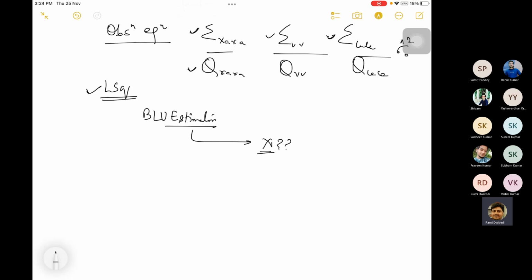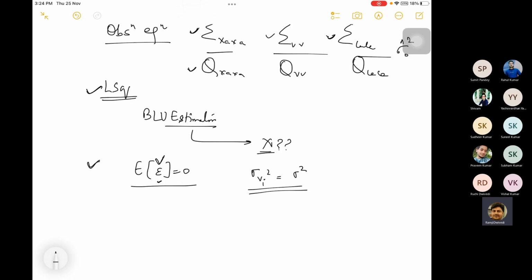Okay, so what are the assumptions? Assumptions in the least square are very simple: the expectation of the error was 0. What is expected from any error or any residual? That it should be 0, but the variance of the particular error would be given, how much error is varying with a particular observable.